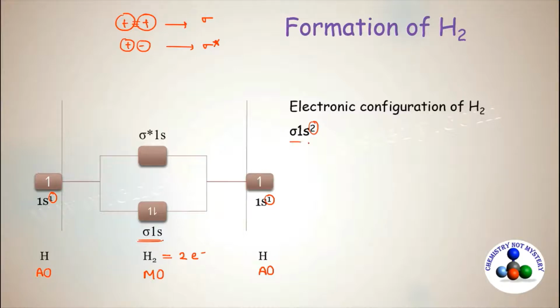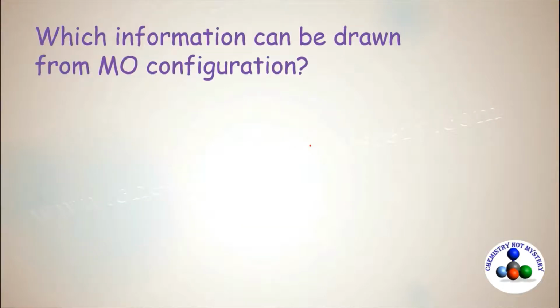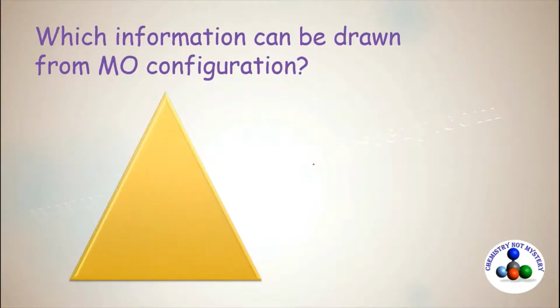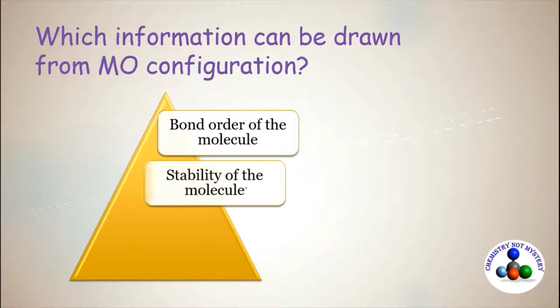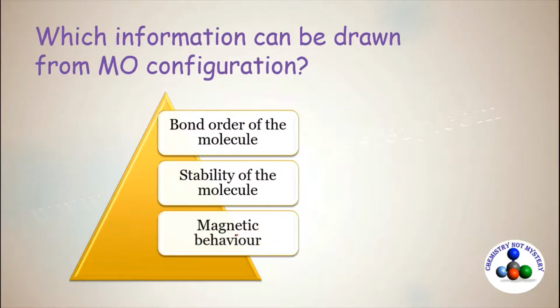But what is the significance of this molecular orbital diagram? Which information can we draw from the molecular orbital configuration or the molecular orbital diagram? First of all, you can calculate the bond order of the molecule. You can also predict the stability of the molecule, and you can also predict the magnetic behavior of the molecule.